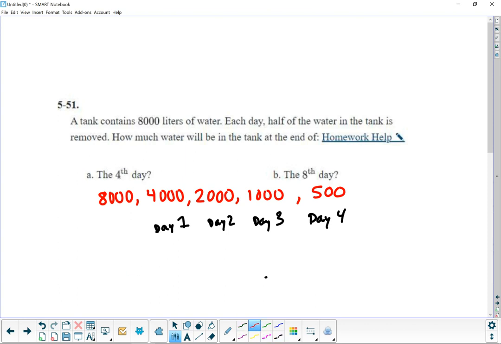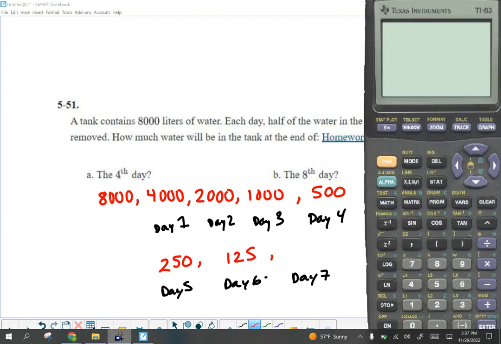So day 5, half of 500 is 250. Day 6, half of 250 is 125. Day 7 is what's half of 125? You're going to have to figure that out, right?